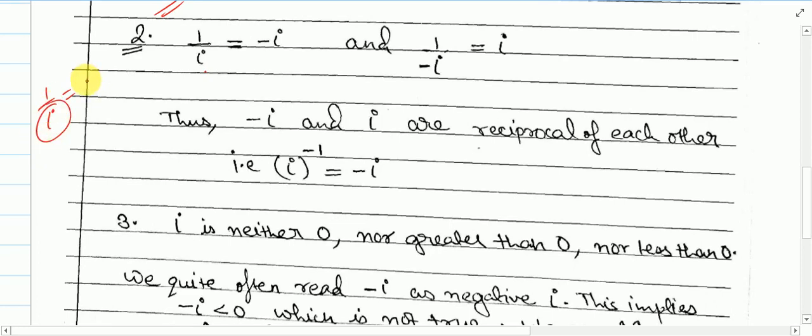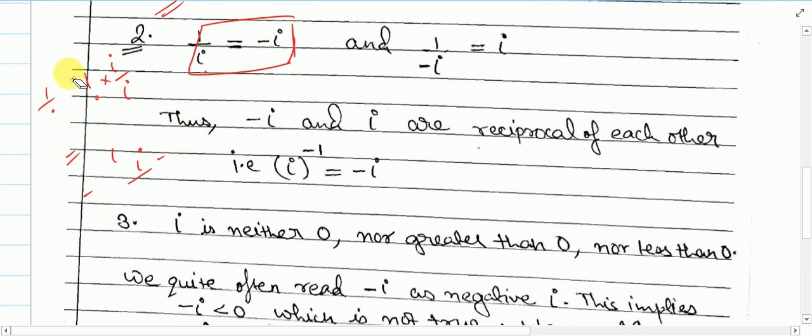In the very first lecture I think I told you that you should not have a complex number in the denominator. So we should rationalize it. So multiply and divide by the same, and you get i upon i squared. So you get i upon minus 1, which becomes minus i.